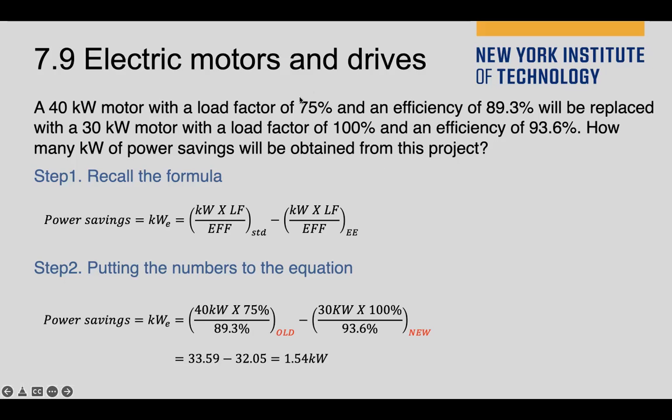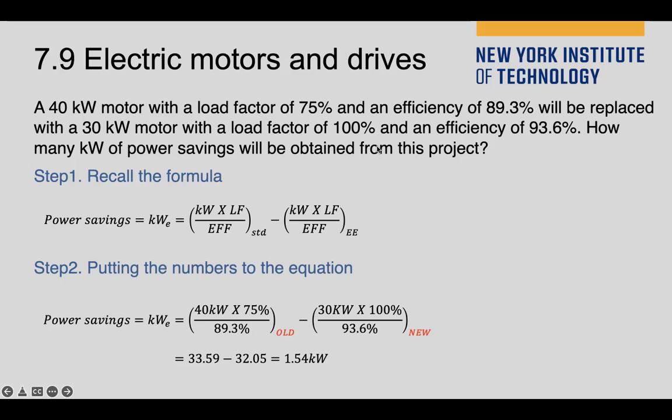So in this question, before, I have a quite large motor, so the load factor may not fully utilize the motor, just 75%, and the efficiency of this motor is comparatively not very good, but is fine, 89%. Now we change to a smaller motor, but I try to fully utilize it, with a load factor of 100%.